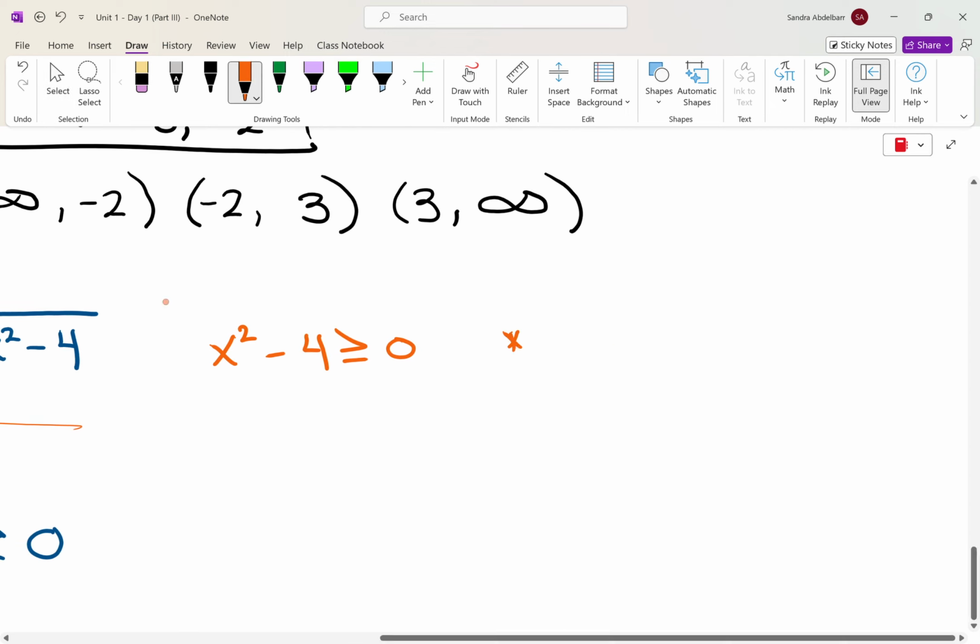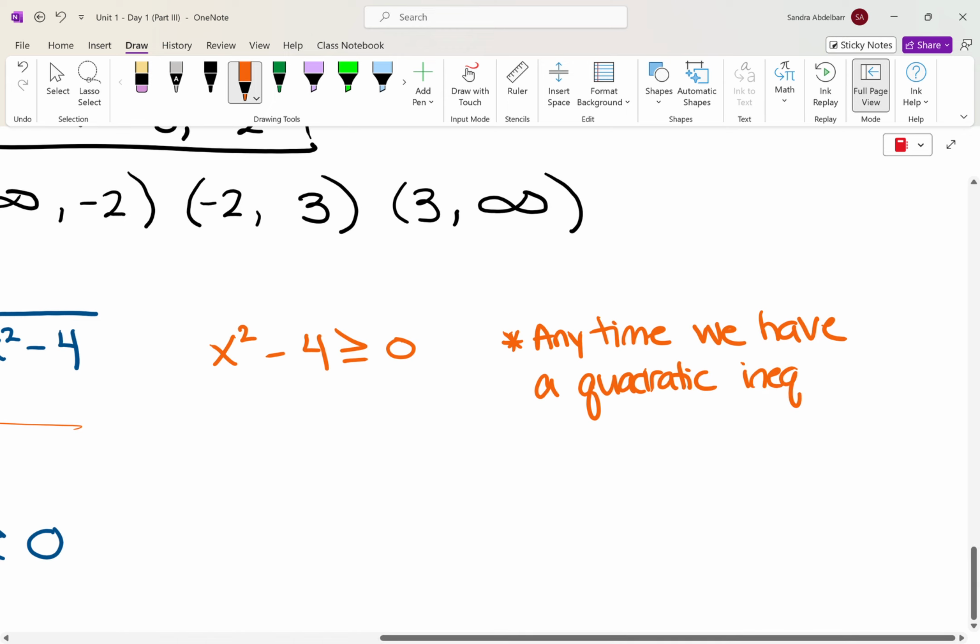Anytime you have a quadratic inequality, I'm going to write this out. Anytime we have a quadratic inequality, we must test the regions.